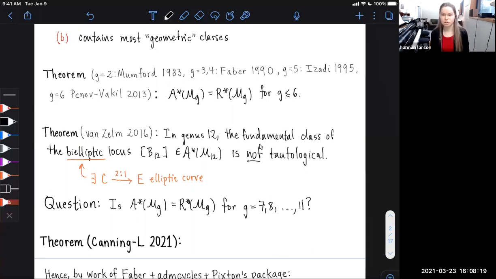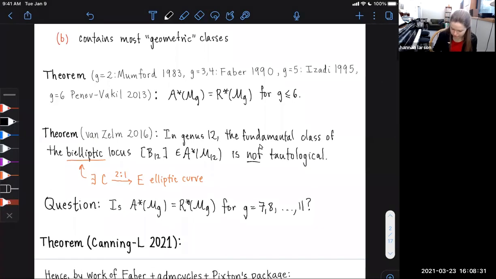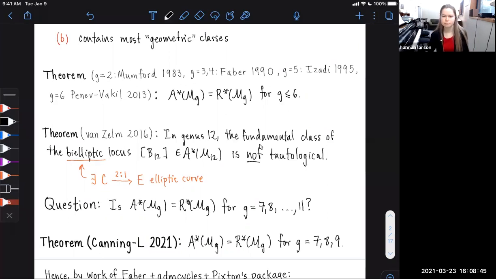The main result I'm presenting today, which is joint work with Sam Canning, answers this question for genus 7, 8, and 9. We have shown that the Chow ring of M_g is tautological for g equal to 7, 8, and 9.